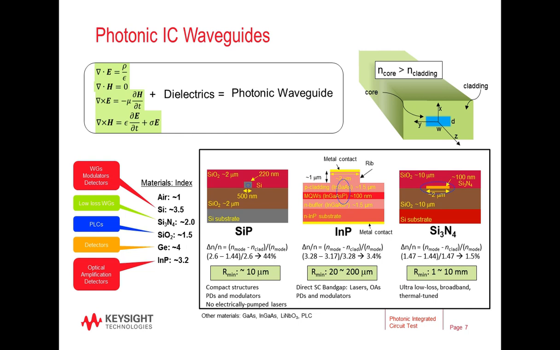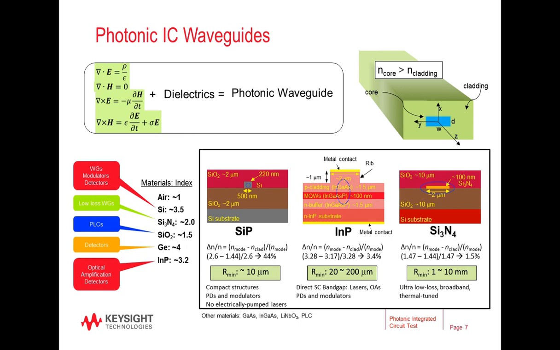In this case, you can see an R minimum of about 10 microns under there. So this allows very compact structures. The platform allows for photodiodes and modulators, but there are no electrically pumped lasers, and that's because there is no direct band gap.